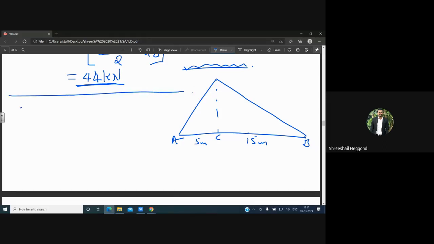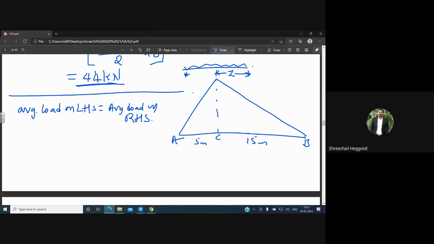That can be calculated as average load on LHS is equal to average load on RHS. If I am considering this right side span to be Z, the remaining span will be how much?